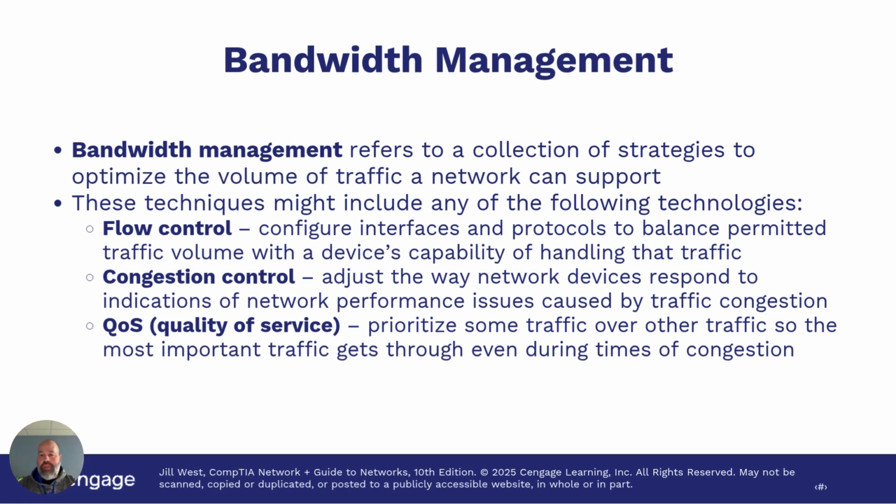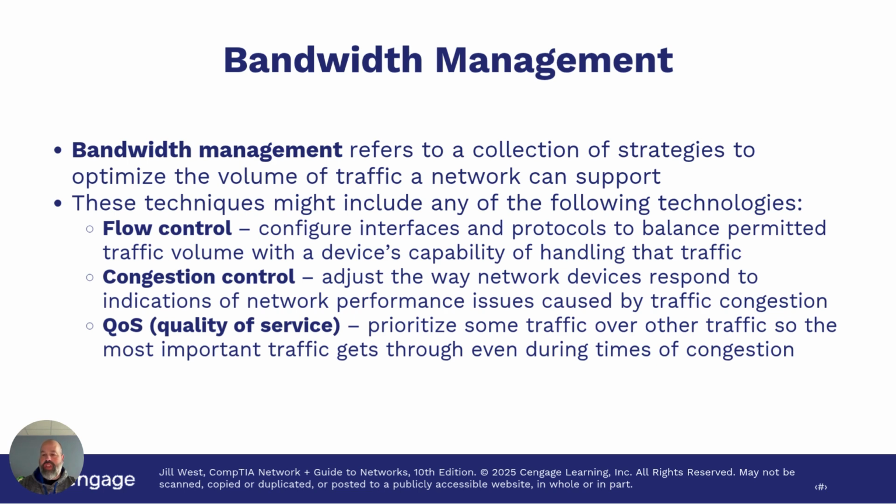Now, bandwidth management is about optimizing how much traffic your network can handle. It includes three main techniques. Flow control is configuring interfaces and protocols to balance traffic volume with device capability, which is like adjusting how fast you pour water so the cup doesn't overflow.